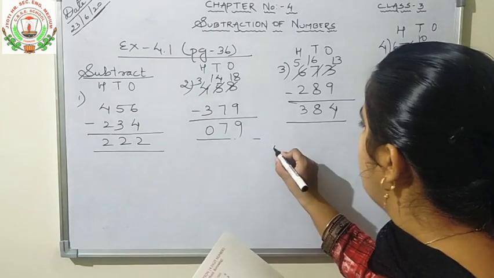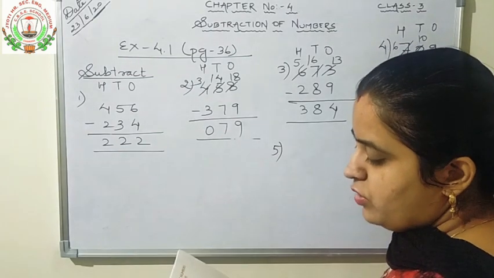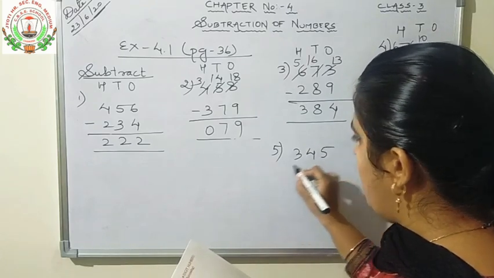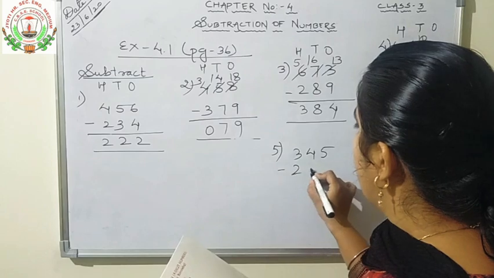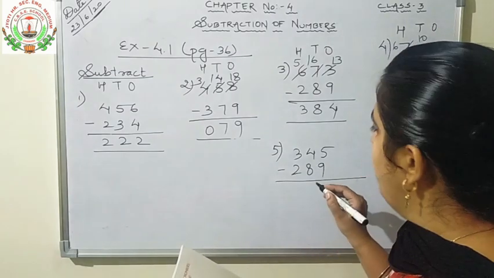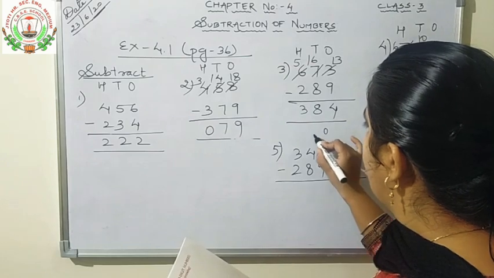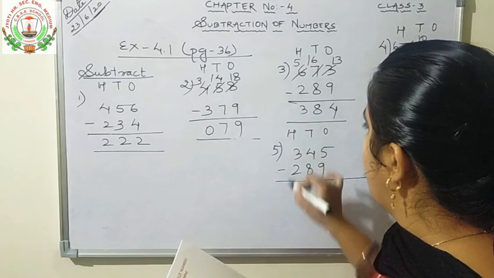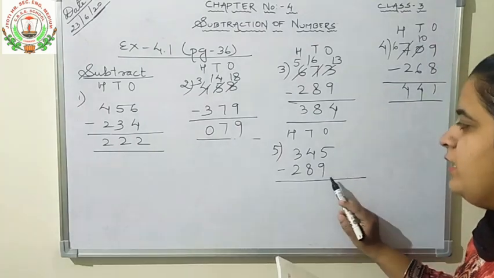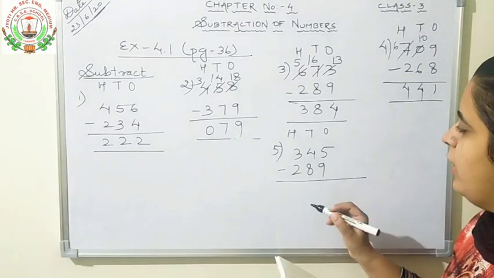Now question number 5. I am solving question number 5 here. Question number 5 is 345 minus 289. First we will write the place value of the digits: ones, tens, hundreds. Now 5 is a smaller number, 9 is a greater number. So again we will take a carry from here.